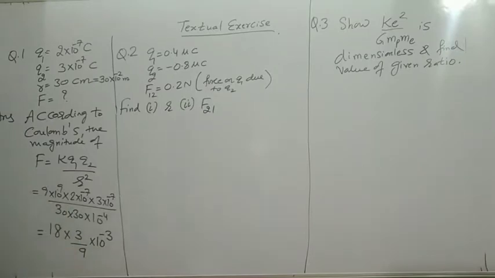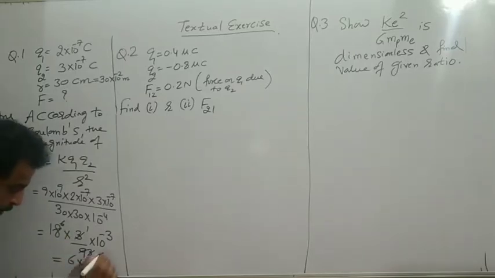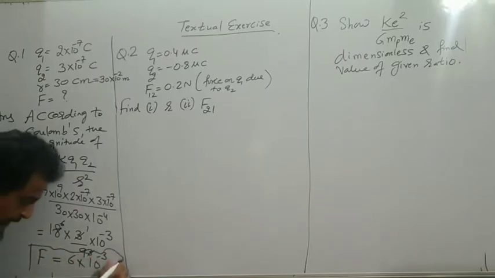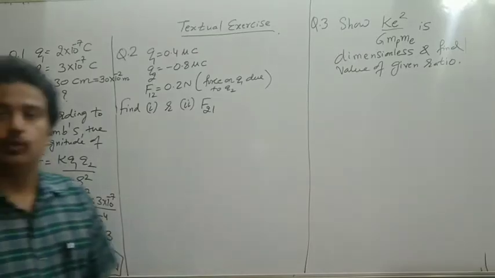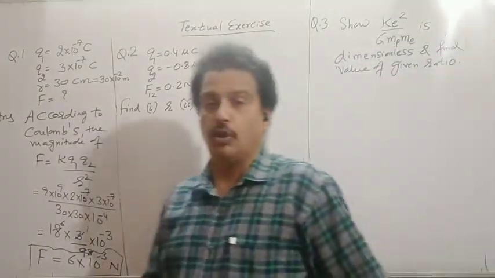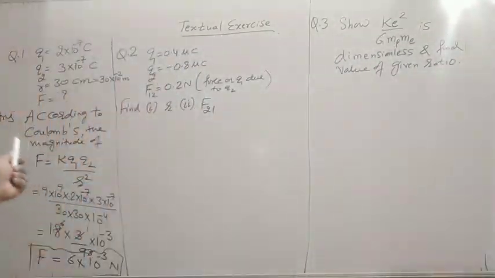So you do the calculation by yourself also. So the total force is 6 into 10 raised to minus 3 Newton. So this is the force of interaction between the two charges. So it is the direct application of Coulomb's law in the scalar form.